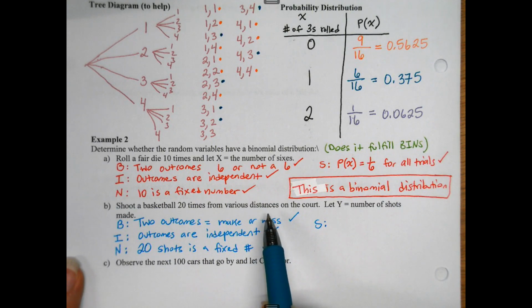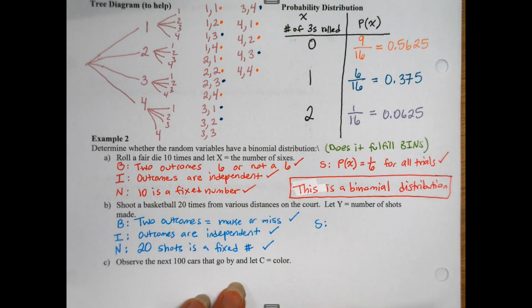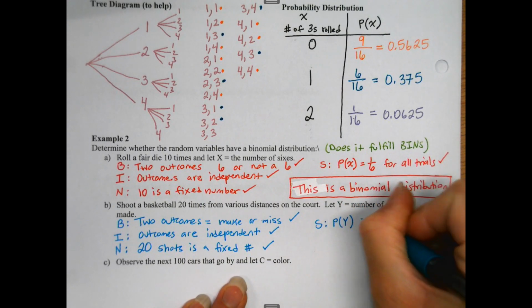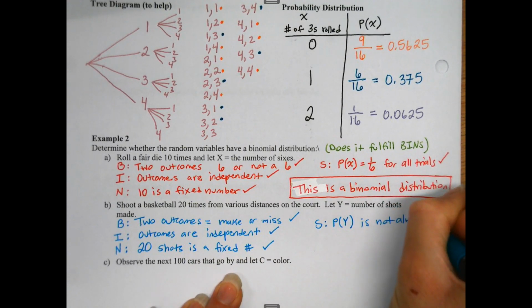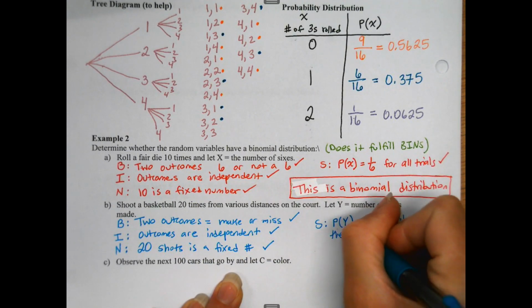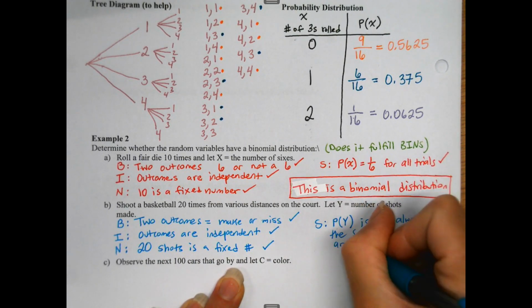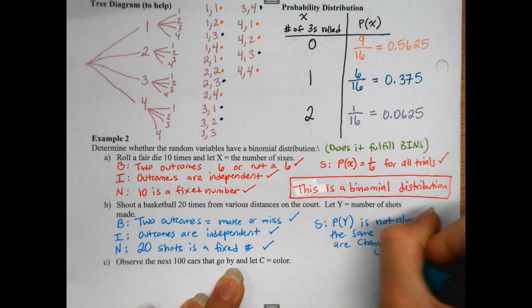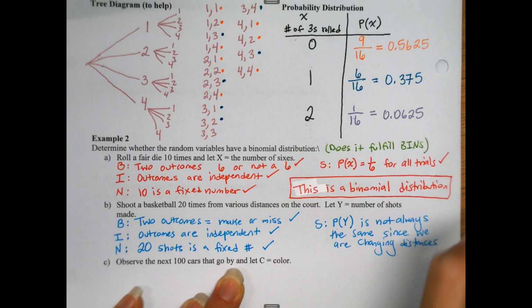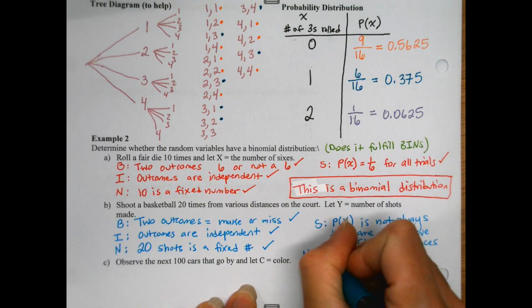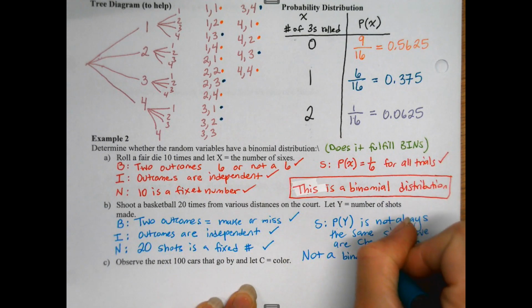If we're really close to the basket, we're easily going to make the shot. But if we are far away from the basket, the probability that we will make that shot is a lot less. So in this case, the probability of Y is not always the same, since we are changing distances. That one is not fulfilled. The S is not fulfilled, therefore this is not a binomial distribution.